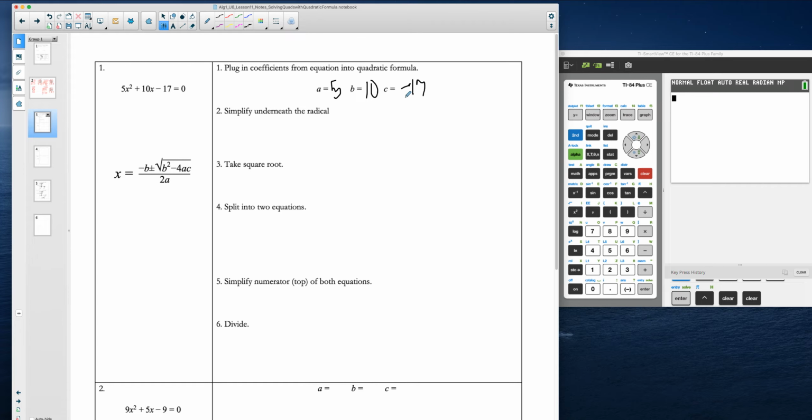So here's what we want to do: take our A, B, and C values, plug them into our quadratic, and then we'll start getting into the steps. So x equals, once again it's the opposite of b, so since b is positive here, that's going to be a negative, plus or minus the square root of all of that.